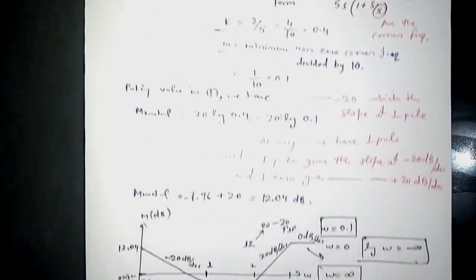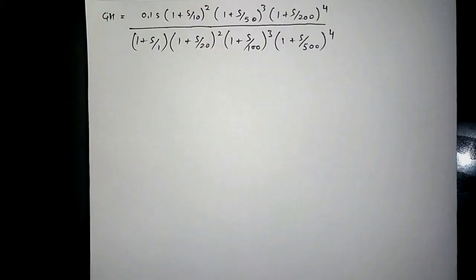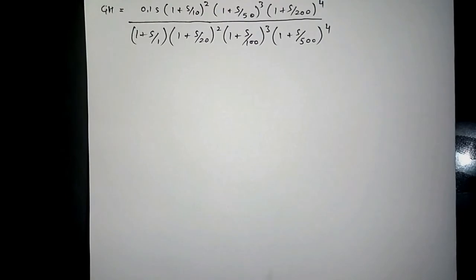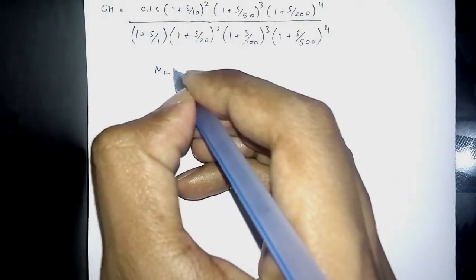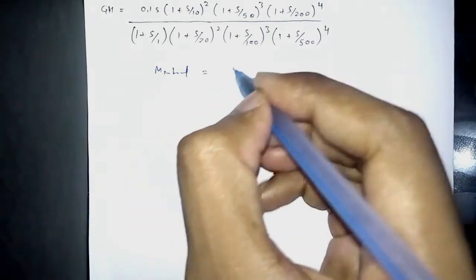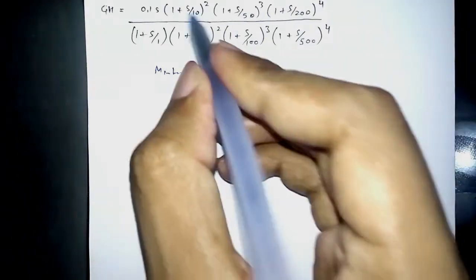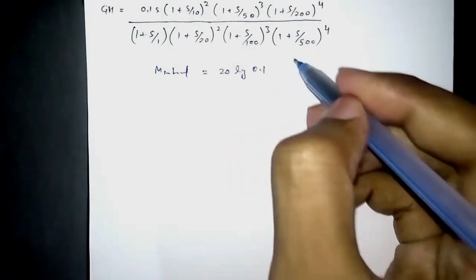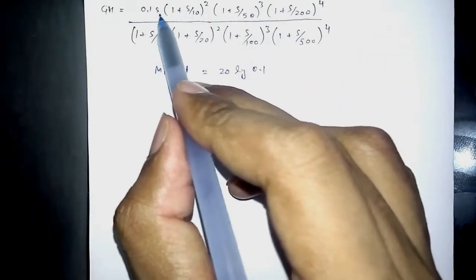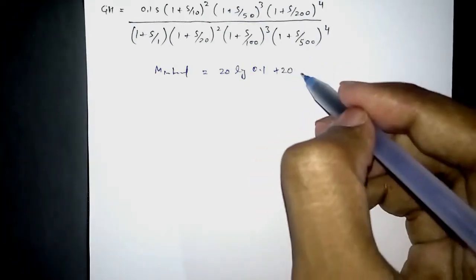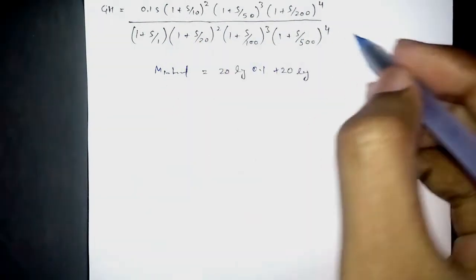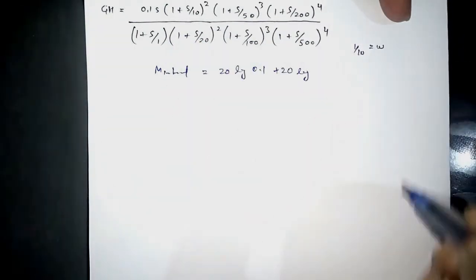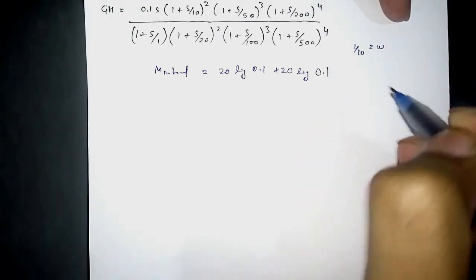So let's take another question and do it very directly. This is our next question, guys. This looks a little bit lengthy, but we will do it directly and it's not going to take that much time. So m initial is equal to 20 log k, which is 0.1, and we have one zero at the origin, so plus 20 log omega, where omega is 1 by 10, so this is 0.1.